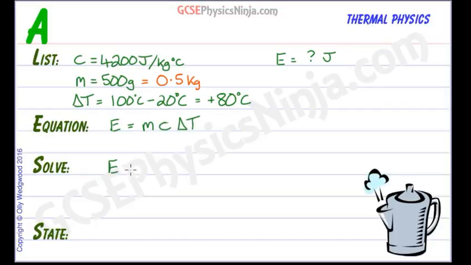Let's put the numbers in, and we get 0.5 multiplied by 4,200 multiplied by 80, and if we put those into the calculator, we get 168,000. State the answer with the correct unit.